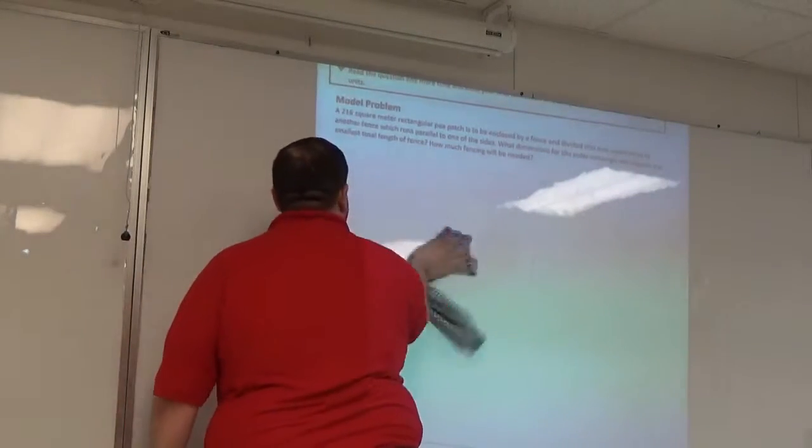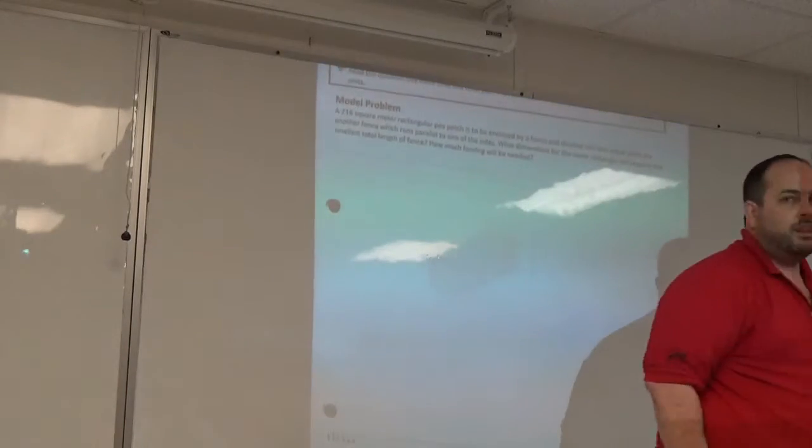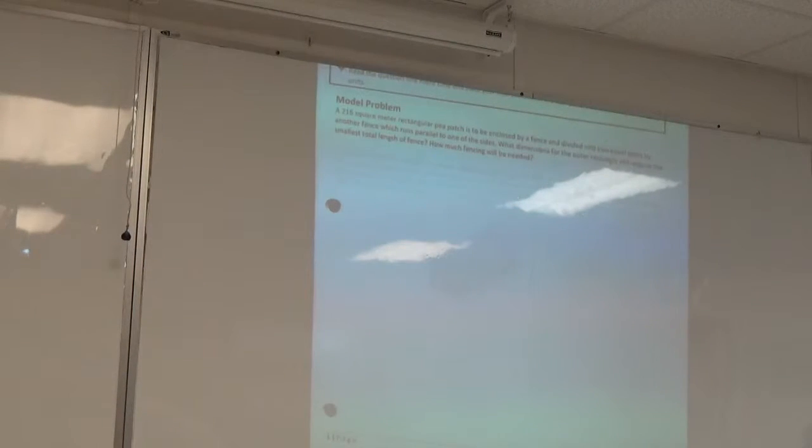Divided into quadrants. So there's fence all around it, right? And then there's fence. Does that sound right? I don't know. The whole is a rectangle and then divided into squares.